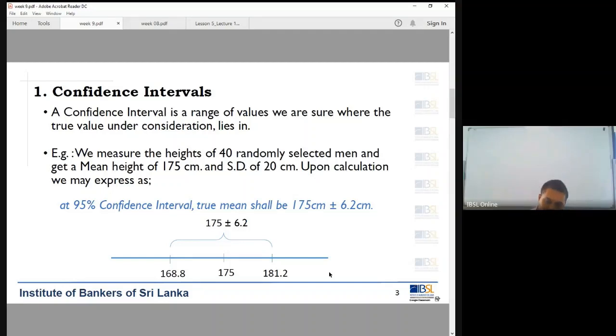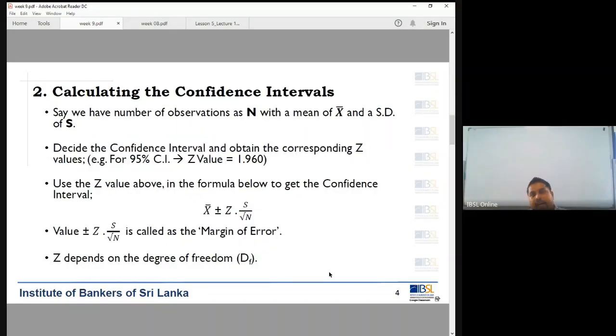This is how we are going to calculate the confidence interval that I explained previously. Assume we have a number of observations. It could be the sample, it could be the population, it doesn't really matter.